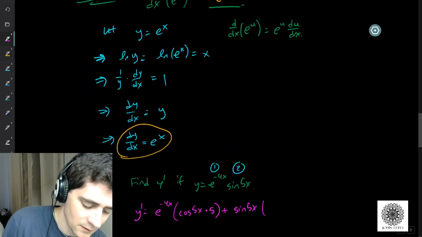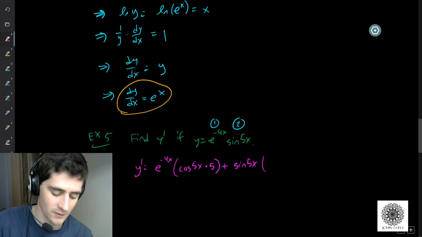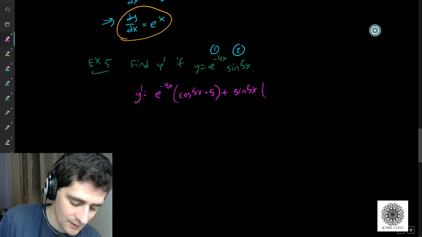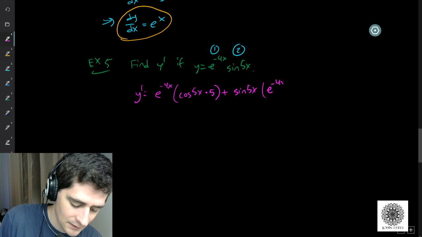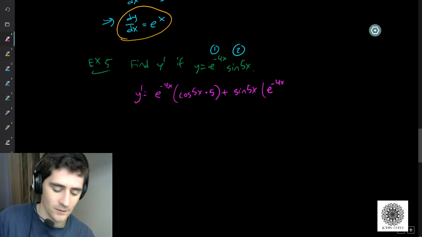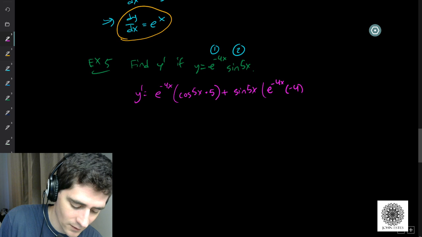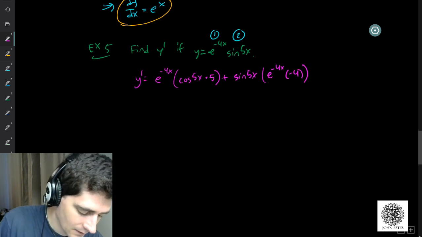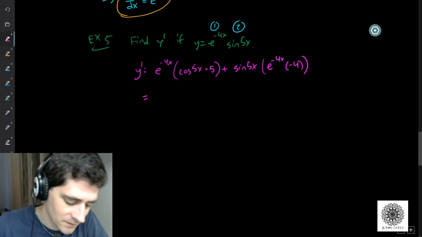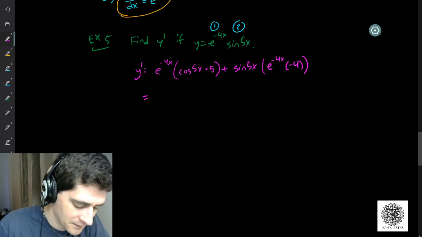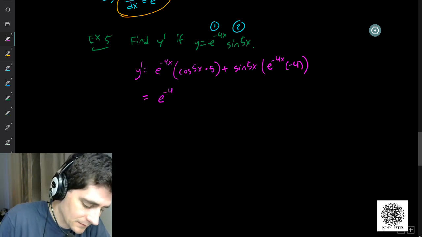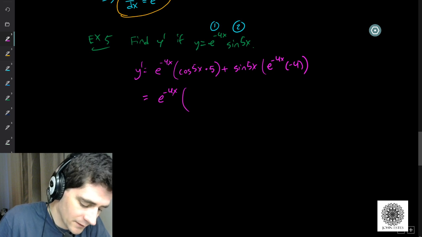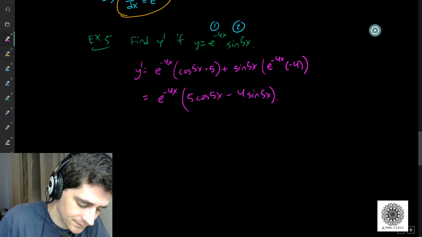The derivative of e to the u is e to the u times the derivative of the exponent. So that's e to the negative 4x times the derivative of your exponent, which is negative 4. Okay, and now we can simplify some. I can factor out an e to the negative 4x, and then I'm left with 5 cosine 5x minus 4 times sine 5x.